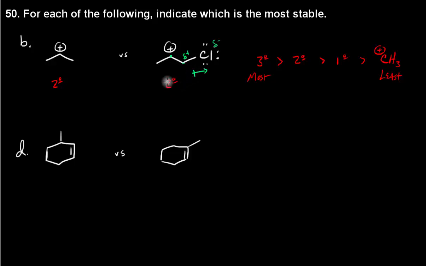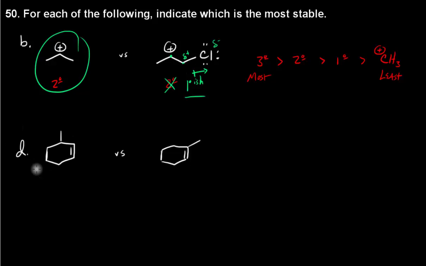Okay, so overall, this guy is not so much a secondary as maybe more primary-ish. So that's one way you can think about it. Even though it's technically a secondary carbocation, it is becoming destabilized almost to the point of becoming a primary carbocation. Okay, so of the two, this carbocation is going to be more stable.